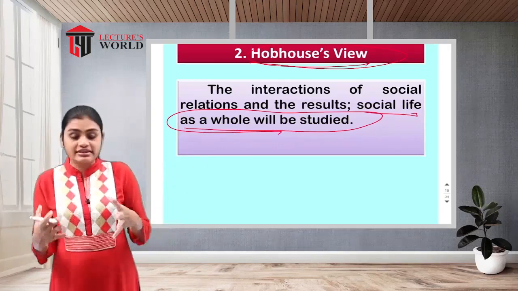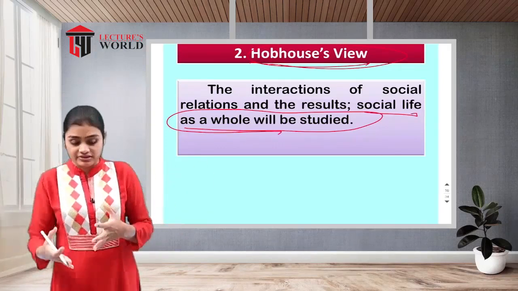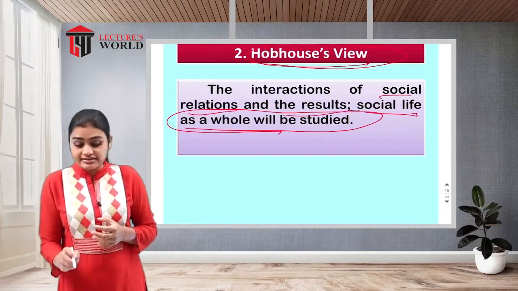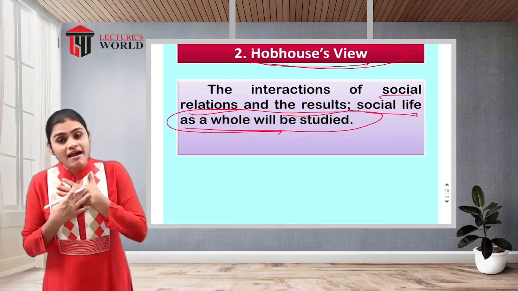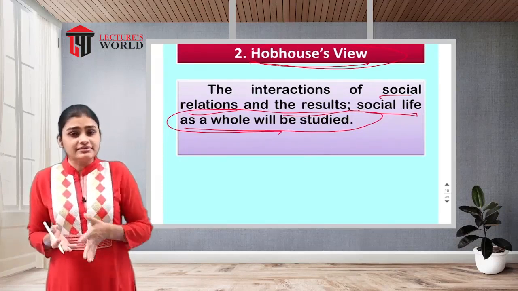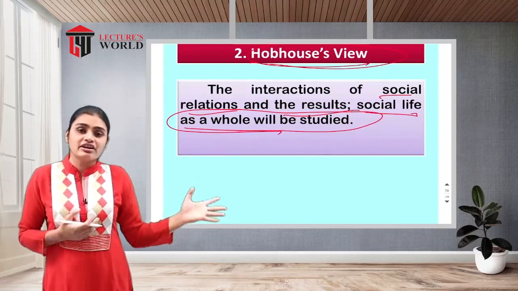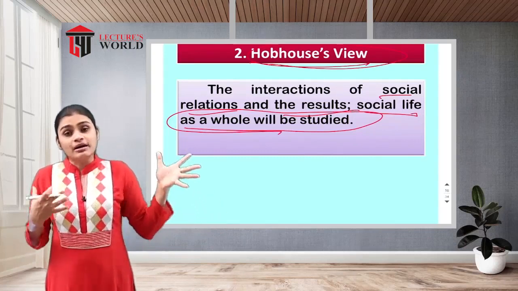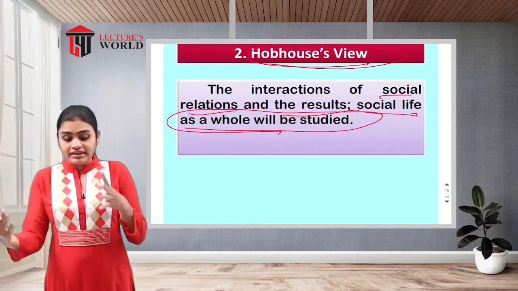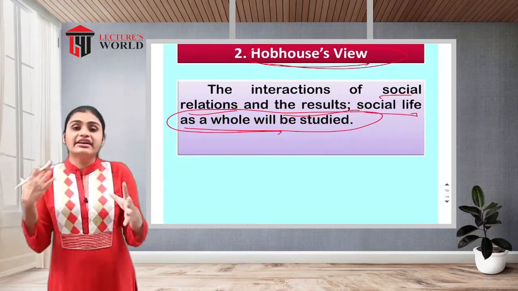For example, if I am having a good interaction with one family member, but at the same time I am not having a good interaction with my neighbor, some consequences or results will be there. So the social life as a whole they have studied.